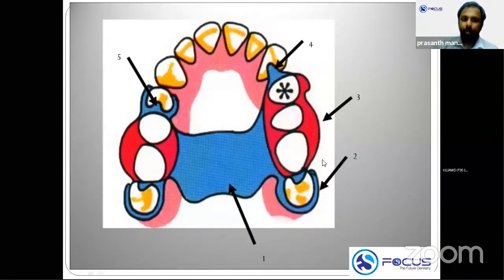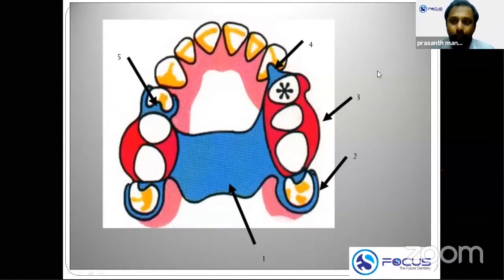Yeah, good. Preetham has answered it. It is the denture base. What is number four? Hope the numbers are visible to you all. Number four, yeah, it is a rest. Yes, it's true, it's a rest.